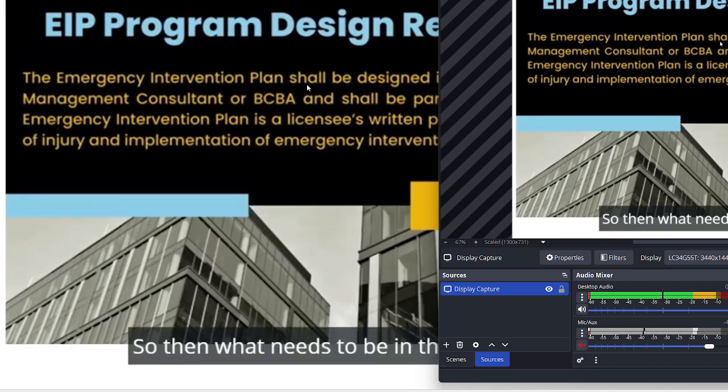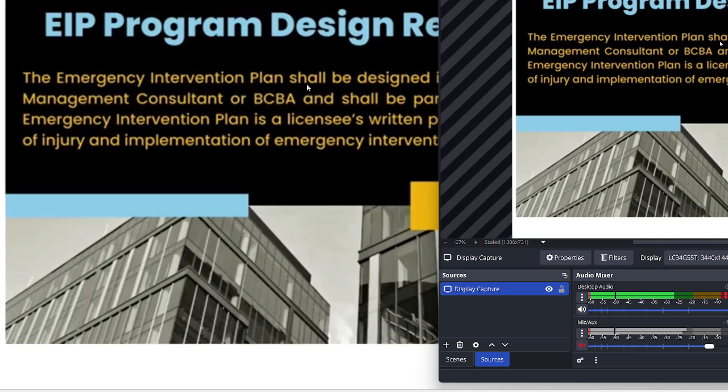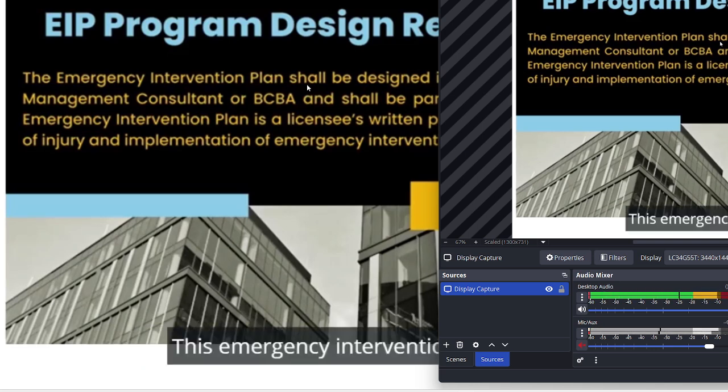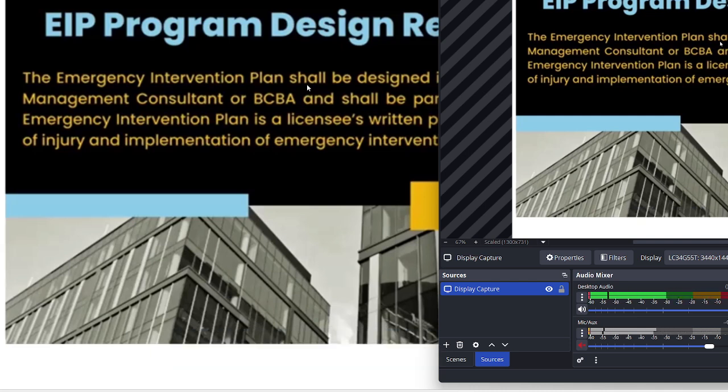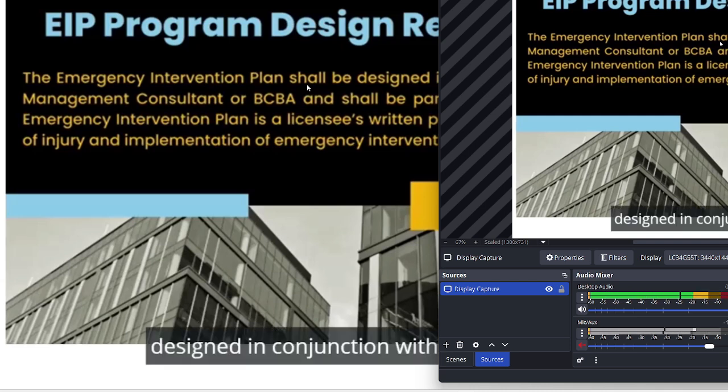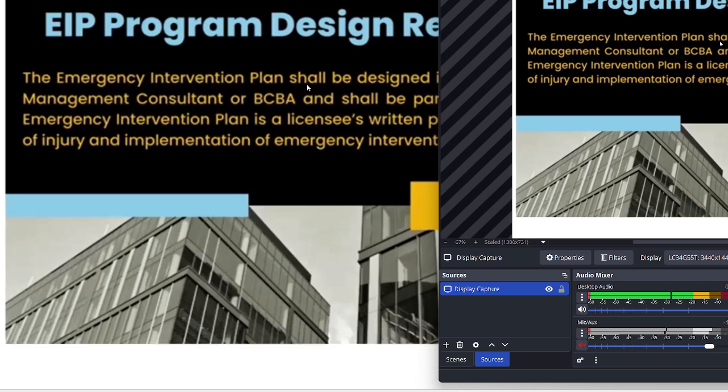So then what needs to be in the emergency intervention plan in your program design? This emergency intervention plan is designed in conjunction with a behavior management consultant or BCBA and is a part of your program design.